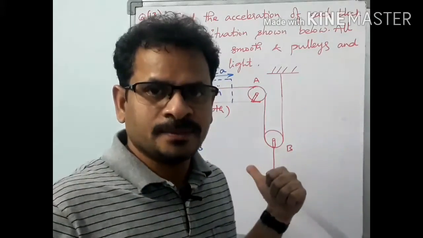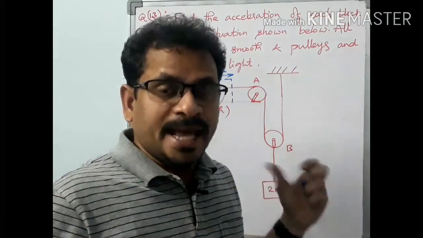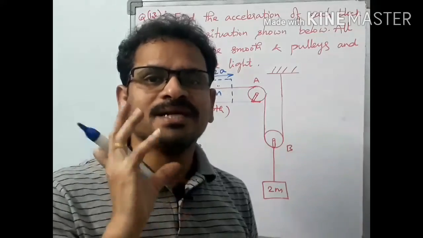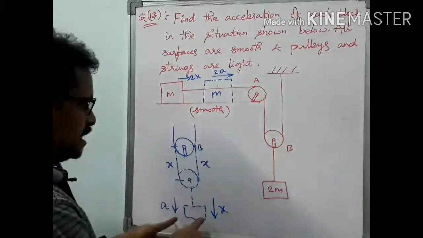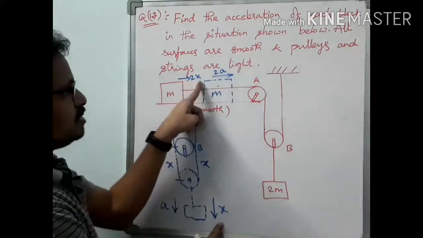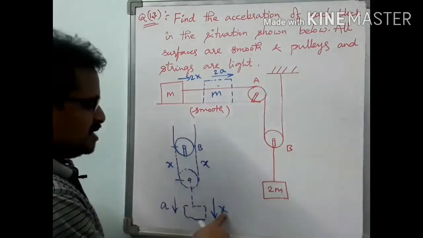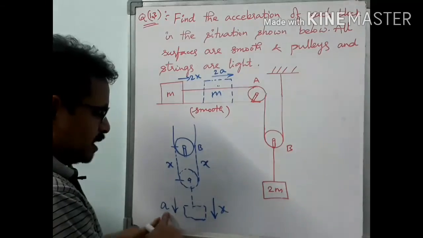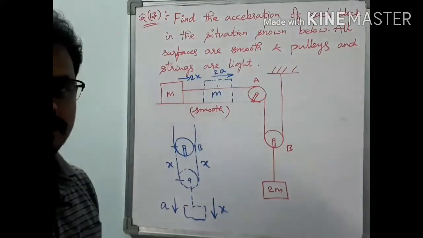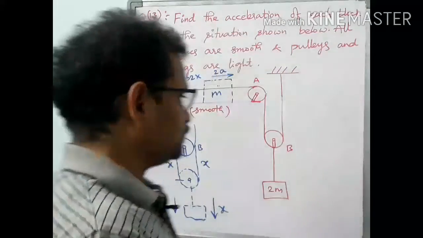There I explained this. The accelerations are directly proportional to the displacements. So here the displacement of this block is x. Here the displacement of this block is 2x. So if the acceleration of this block is a, then the acceleration of this block must be 2a. Got it? Yes.